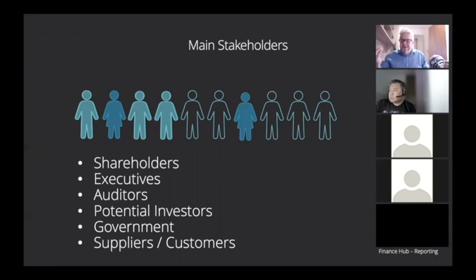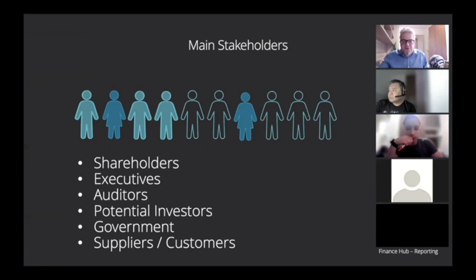Because of course, the CFO will have these numbers very clear in his mind, but maybe the marketing, the CMO, the CHRO, the chief operations officers, they are all interested in the company's results as well. Not only the executives, but I would say the employees as well. The auditors, because they need to audit the report and they will put their name on the line here. Potential investors, as Caroline mentioned, government, as Mauricio mentioned, and of course, suppliers and customers.